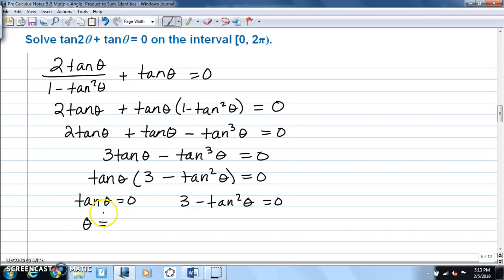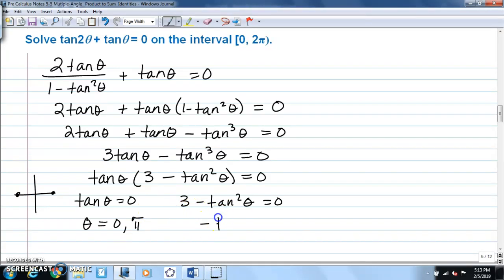Well, it's 0 where sine is 0. If we were thinking about it being positive, we'd say it's here and here. But it's where sine is 0. Well, sine being 0 means you haven't gone up or down. So sine is 0 here and here. So that's at 0 and at pi. So that's where your tangent is 0.